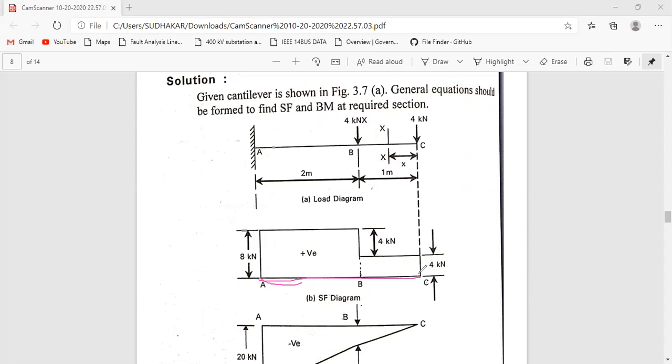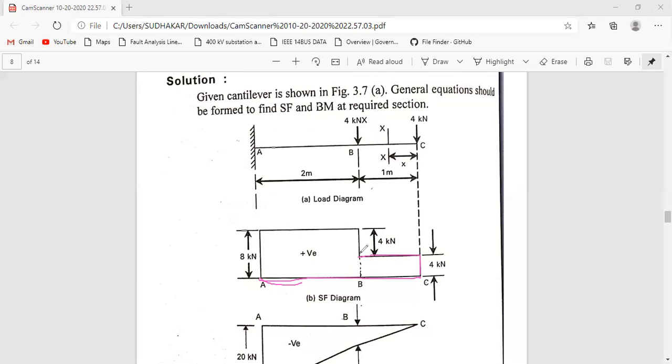After the baseline, draw in the upward direction up to the 4 kilonewtons. This is the 4 kilonewtons. From here to here there is no load, so draw a straight horizontal line.